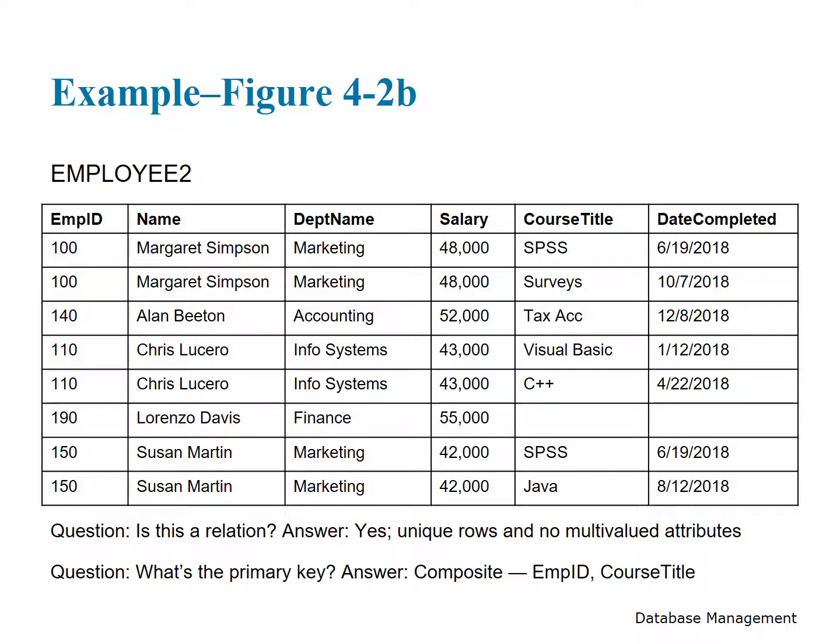These are the primary key. So you can see there are employee ID, name, department number, salary, course title, and date completed. So there is a composite primary key, employee ID and course title.